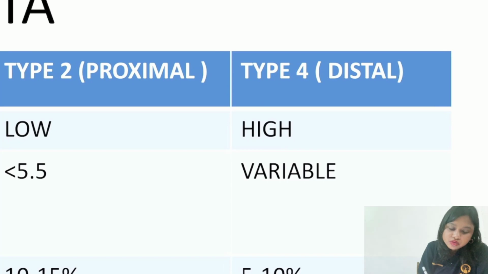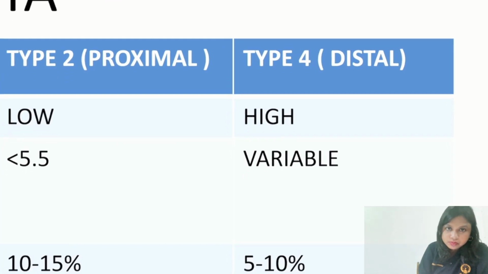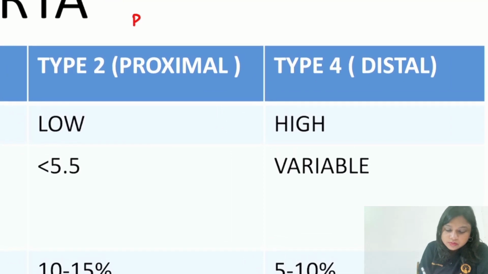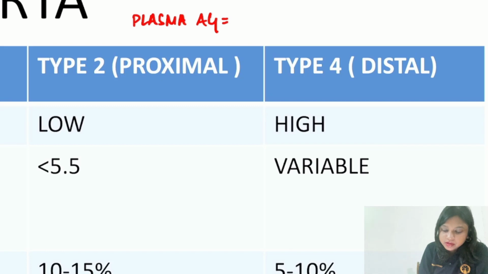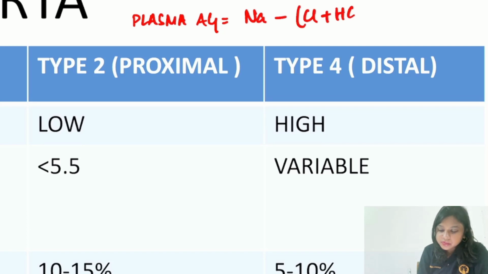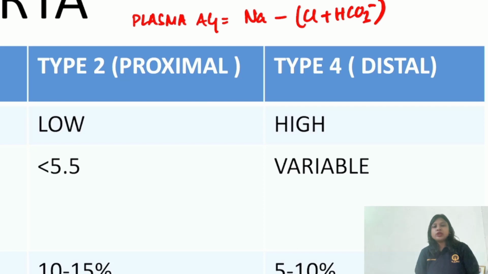But for now, just remember that plasma anion gap equals unmeasured anions minus unmeasured cations. And the formula is sodium minus chloride plus bicarbonate. We do not have potassium over here, and the normal value is 8 to 12.